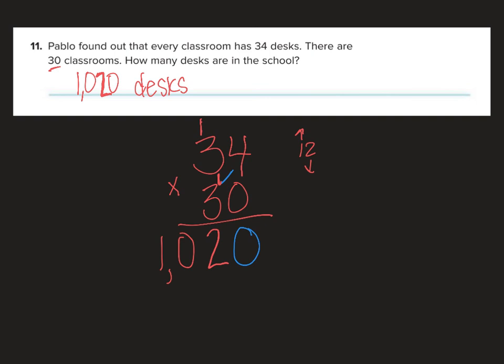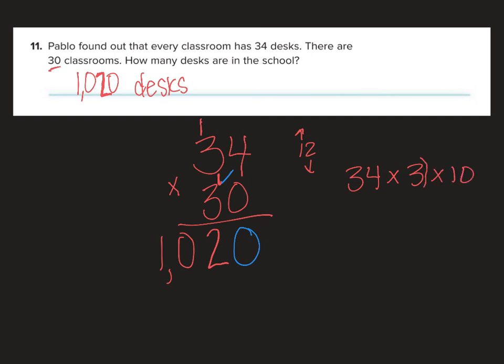Or if you wanted to go back to the second slide, and I'm talking about splitting it apart. So for this one, if I did it that way, we'd do 34 times 3 times 10.